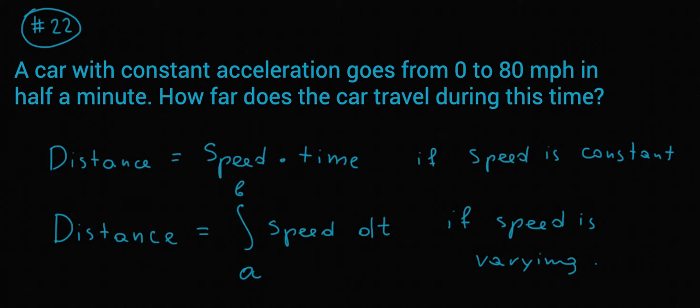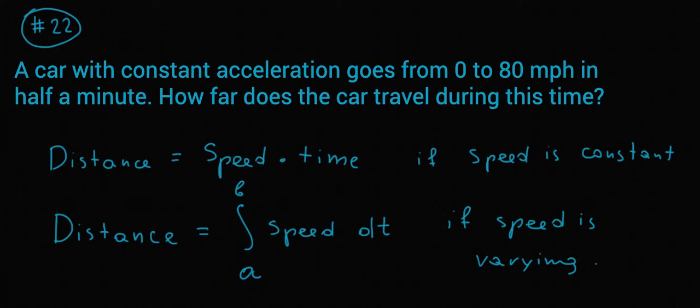The important thing to realize is that this formula can be used to calculate the distance traveled when the speed is constant. So for example, if you're driving on a freeway at a constant speed on cruise control at 75 miles per hour, and you're traveling for, let's say, an hour and a half, then you can calculate the distance traveled by taking your speed of 75 miles per hour and multiplying it by 1.5.